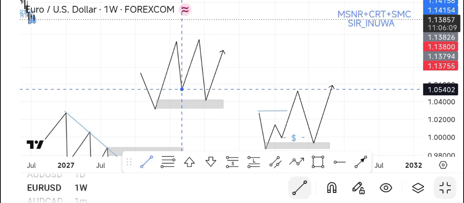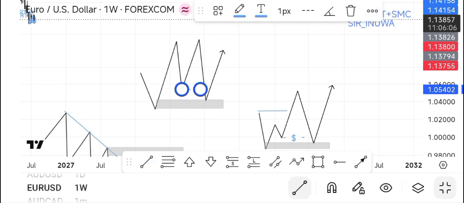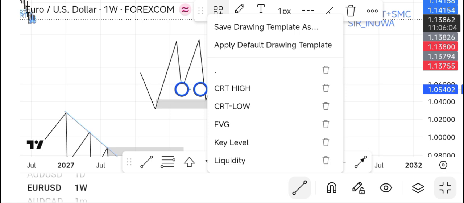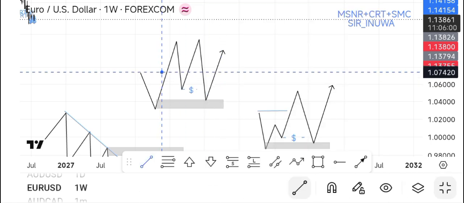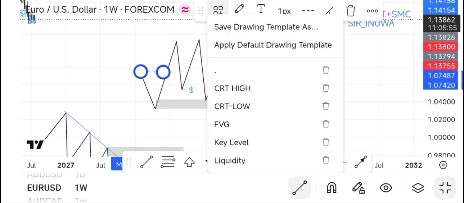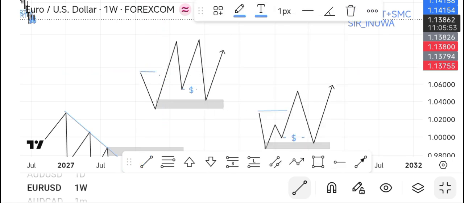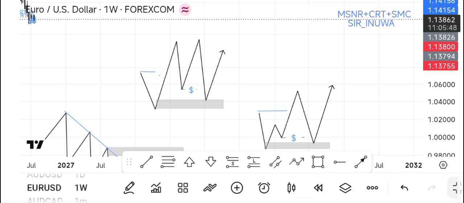So this is how I use this SMC on my lower time frame when I get my valid key levels using MSNR on weekly, and on daily I find my CRT. Again on 4 hour, if I got my CRT on daily, my 4 hour will be looking only for the breakout.